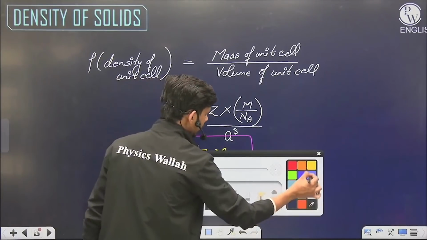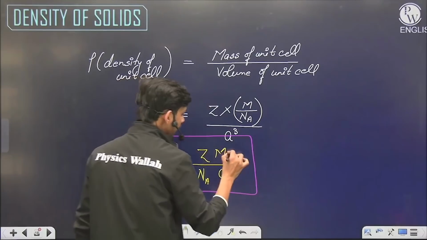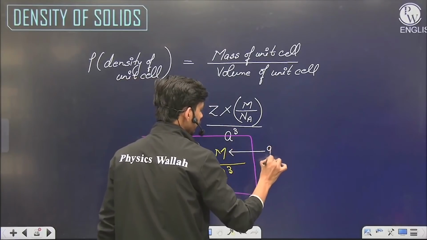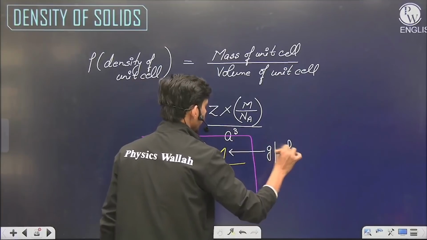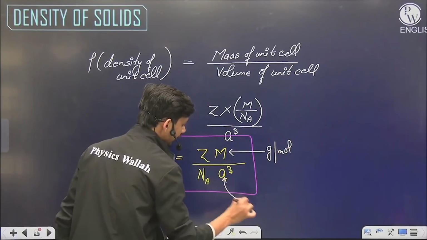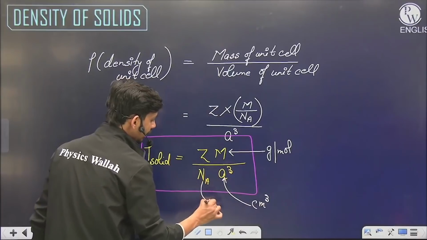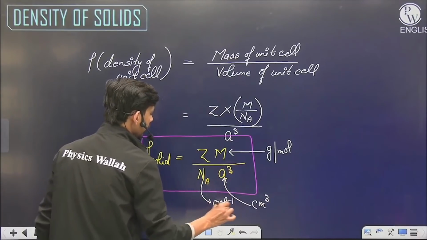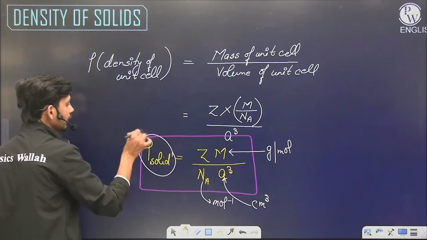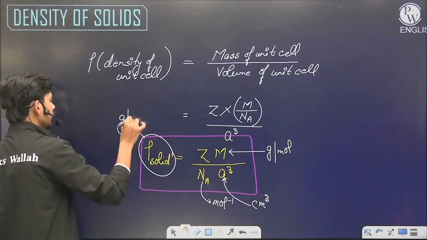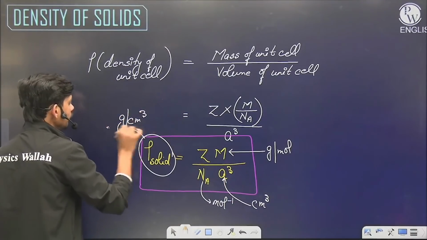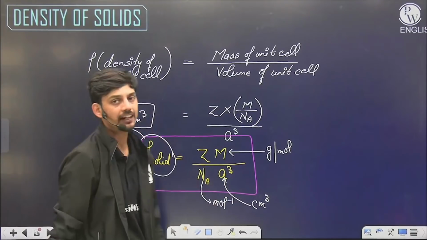Now usually, here I take M, the molar mass, in gram per mole. So usually I take edge length A in centimeter. So this becomes centimeter cube. Avogadro number is in mole inverse. And overall the density comes out in gram per centimeter cube. Always remember to look for the unit of density that you are finding.